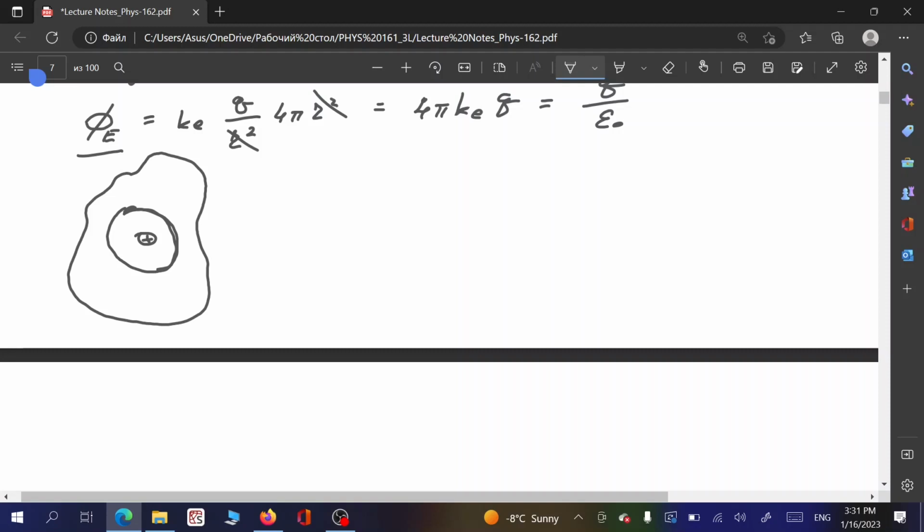So we have charge and two closed surfaces. One is spherical, which we considered previously. Another is arbitrary shape.